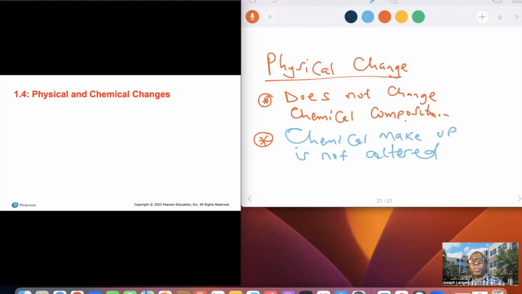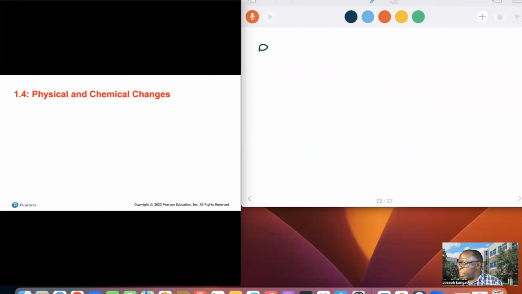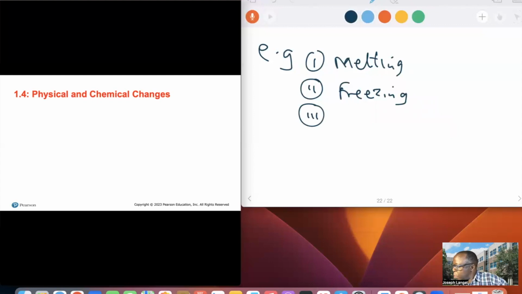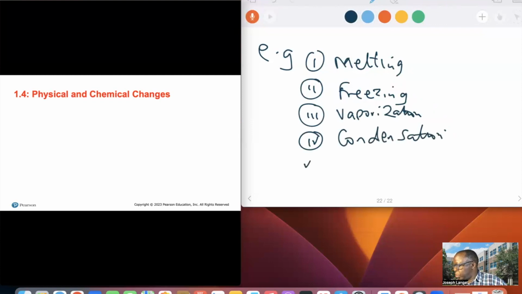All the changes I mentioned earlier make up this, e.g., melting, freezing, vaporization, condensation, sublimation, deposition.